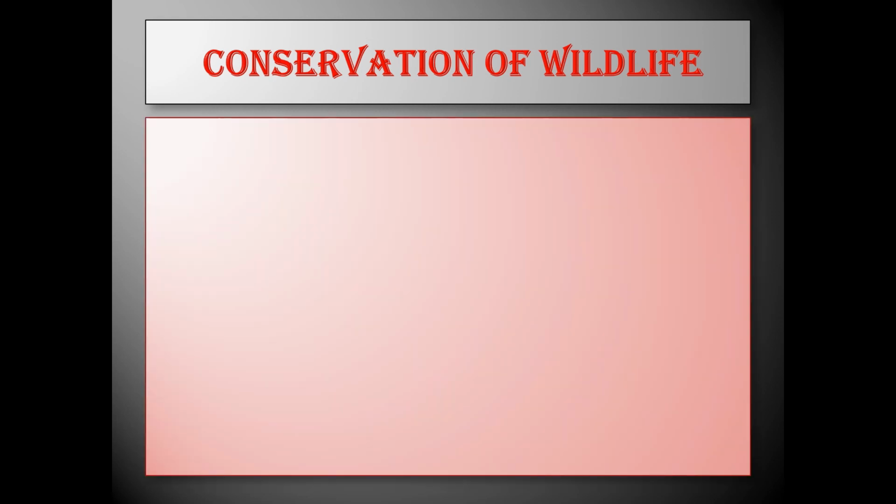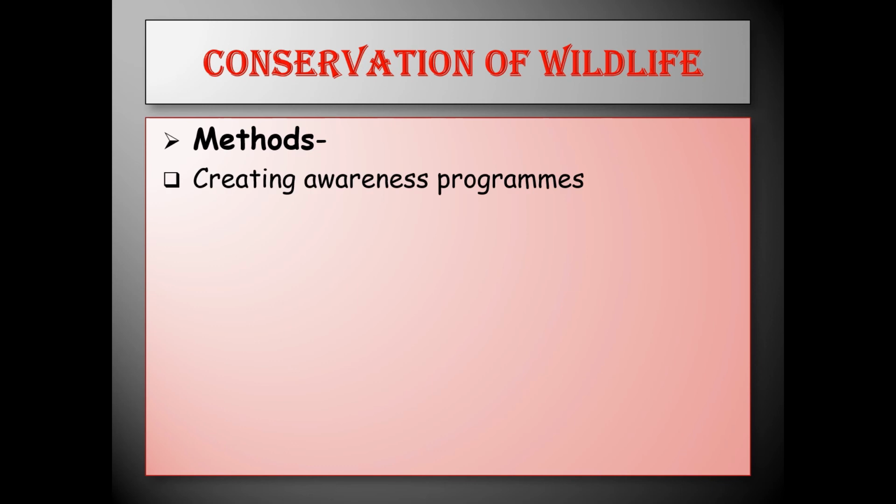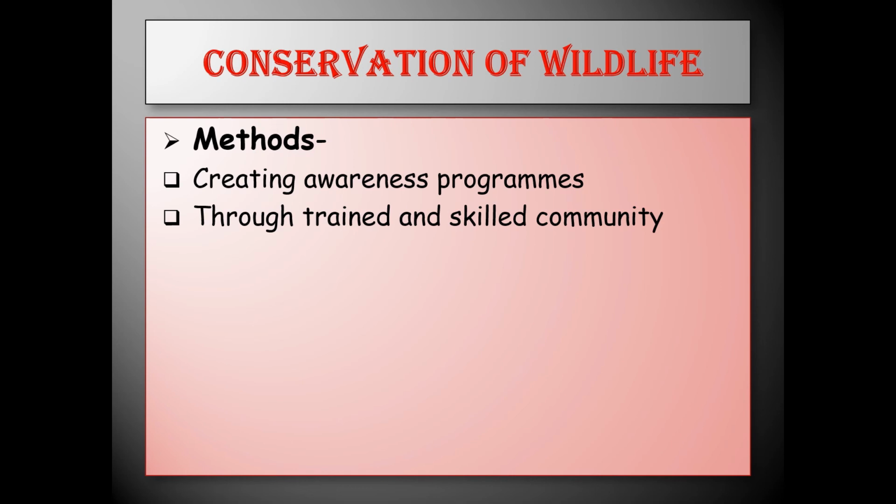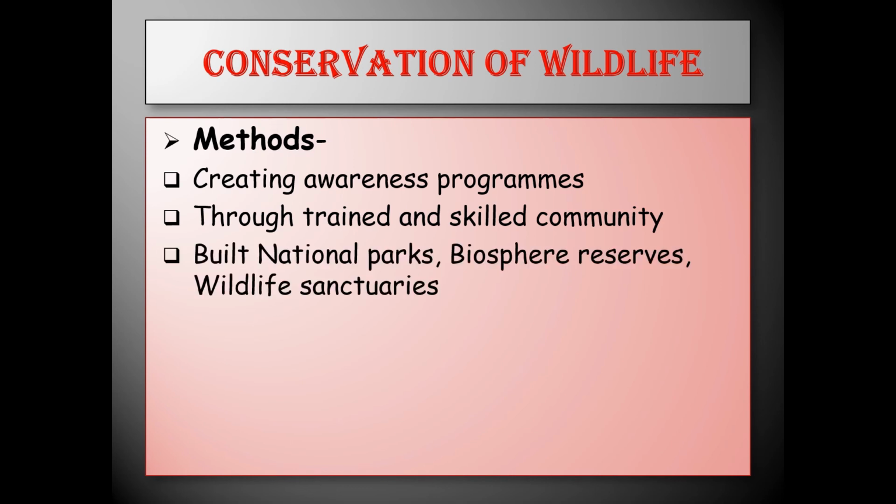Let's know what methods we need to adopt, by creating awareness programs at regional and community level. Some awareness programs should be encouraged through trained and skilled community. It can be done by building national parks, biosphere reserves, and wildlife sanctuaries. These protect or create the natural habitat for the wildlife so that they can survive.